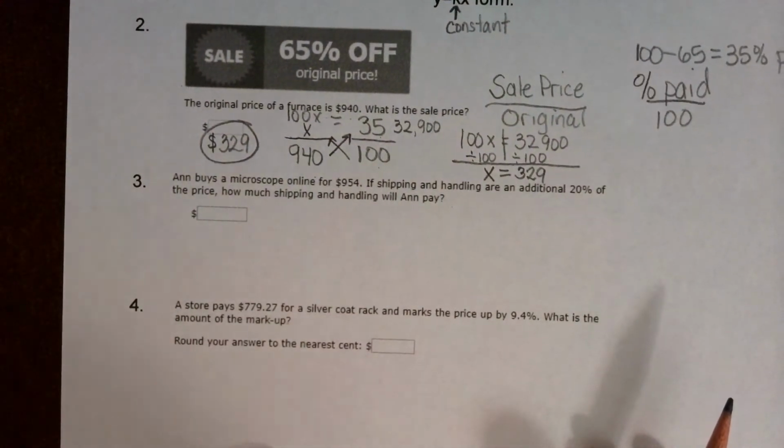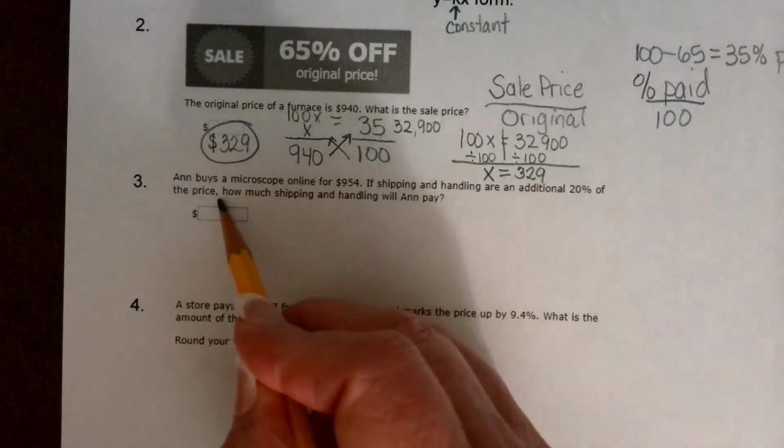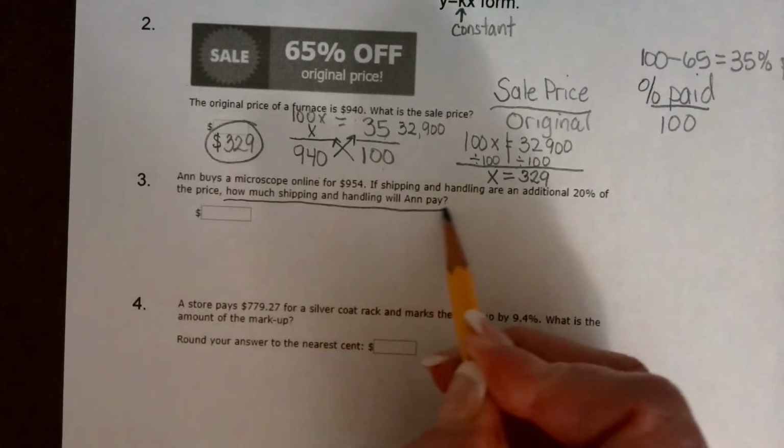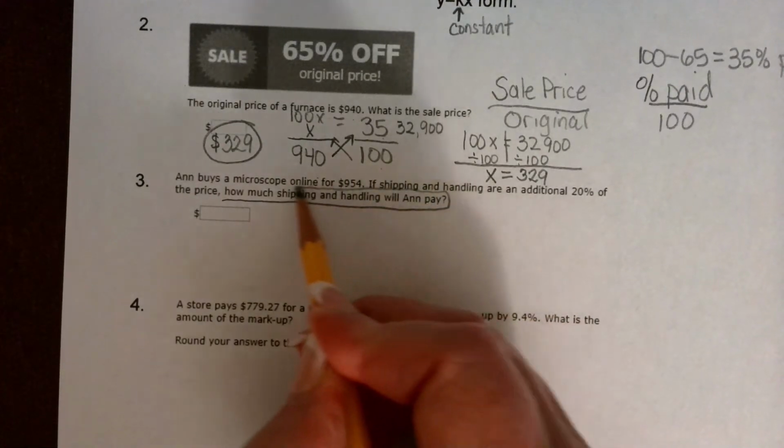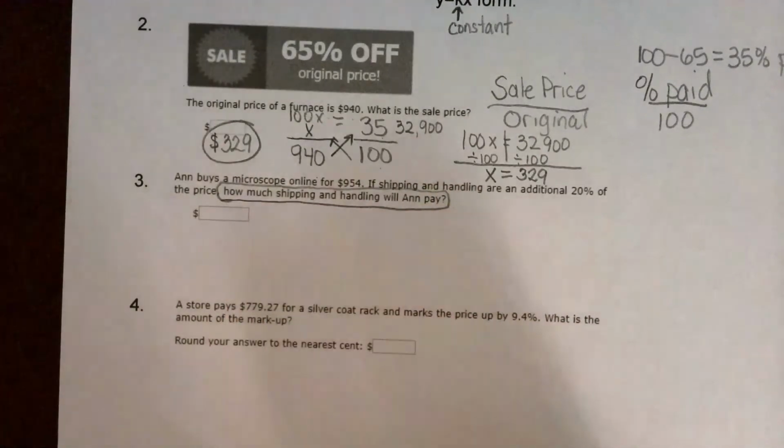All right, Anne buys a microscope online for $954. If the shipping and handling are an additional 20% of the price, how much shipping and handling will Anne pay? So in this case, I'm just looking for the shipping and handling. I'm not looking for the total cost.